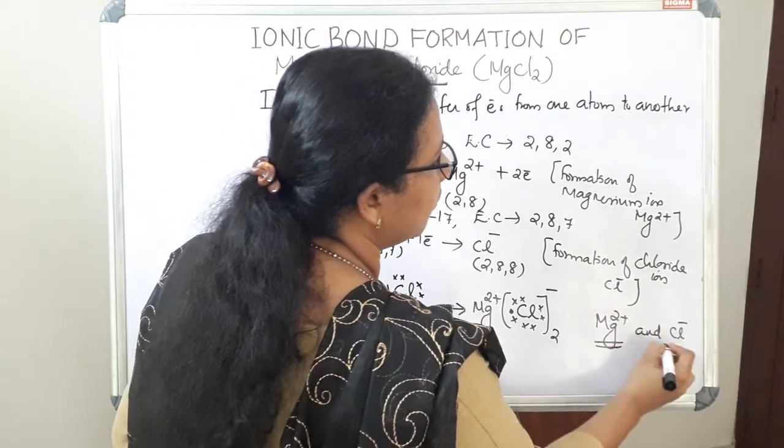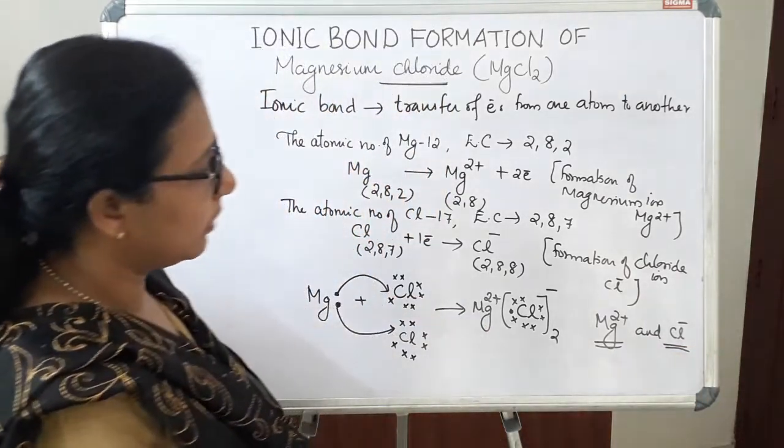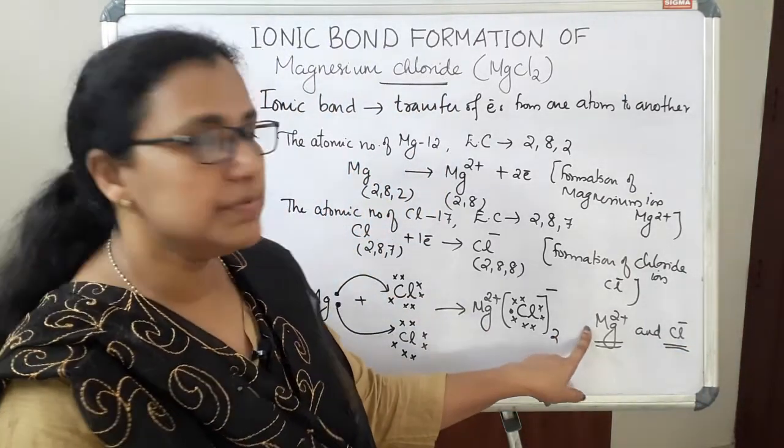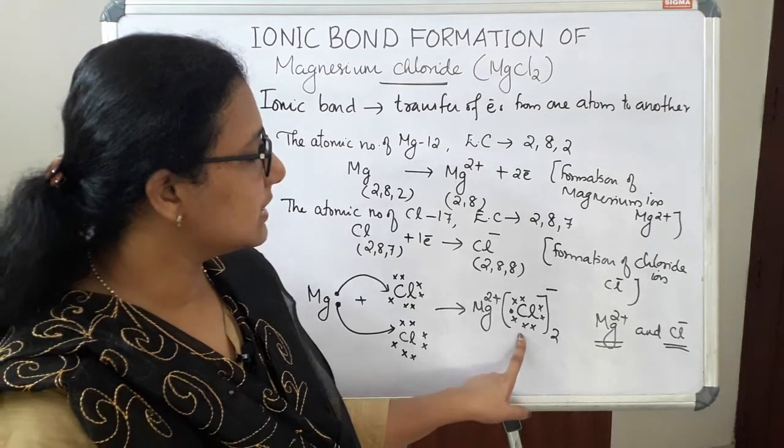These are the ions present in magnesium chloride: only 1 Mg2+, but 2 Cl-.